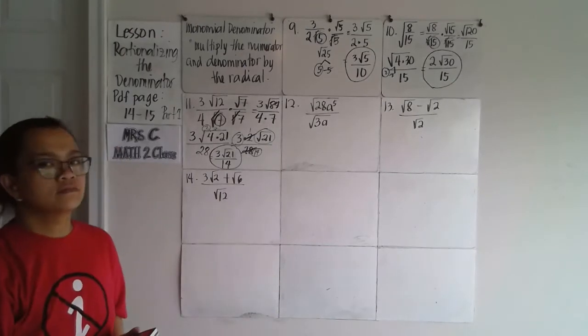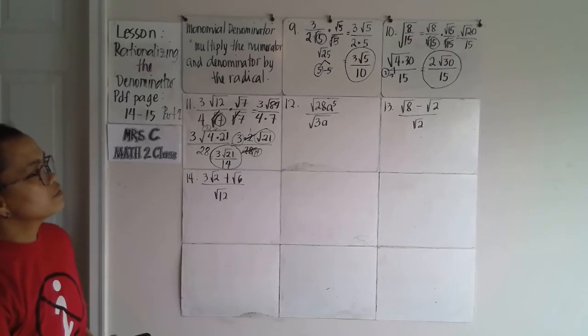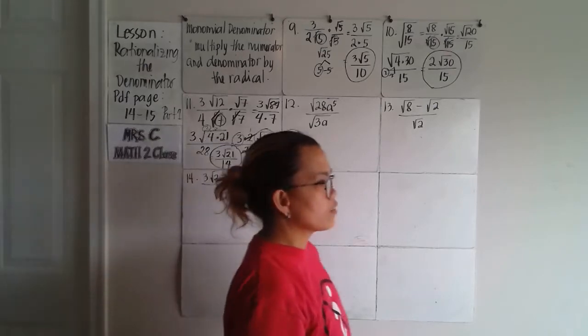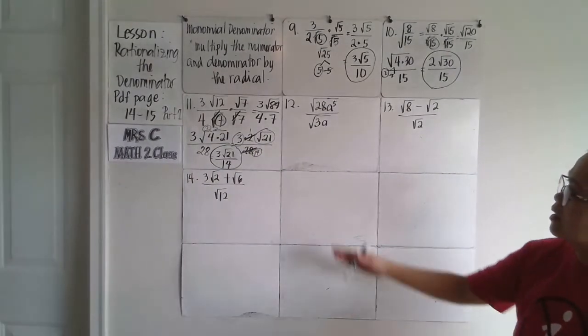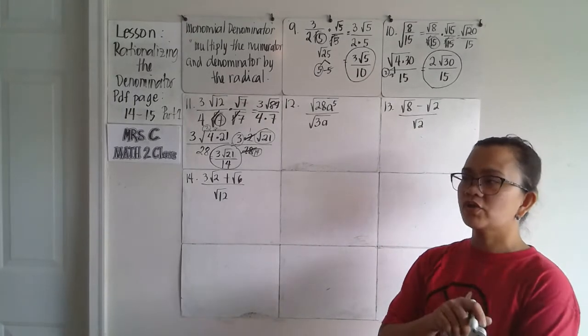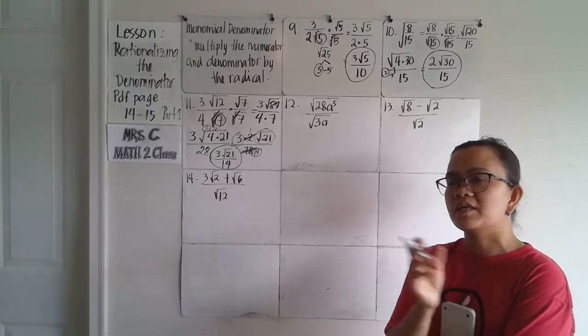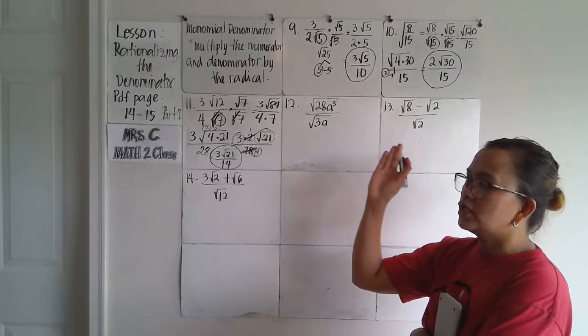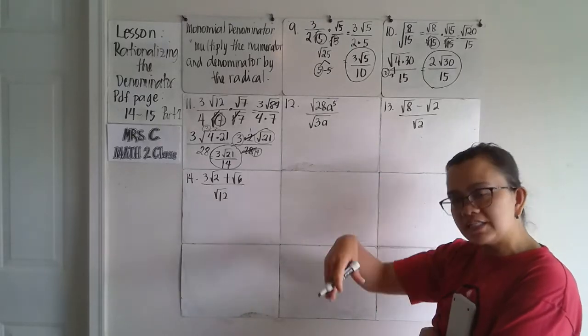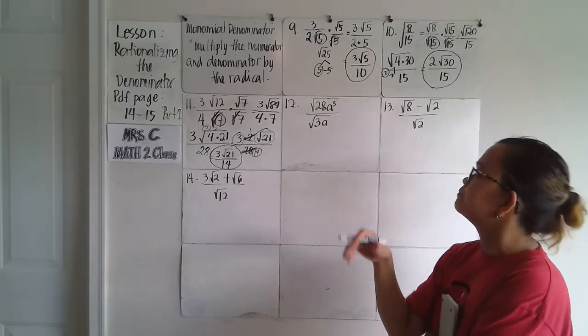Number 12: square root of 28a to the fifth power over square root of 3a. Remember the quotient rule in the exponent rules that I provided in my previous video. If you didn't watch that yet, please watch it.